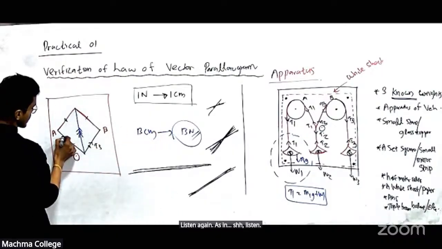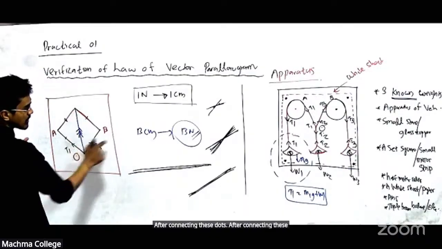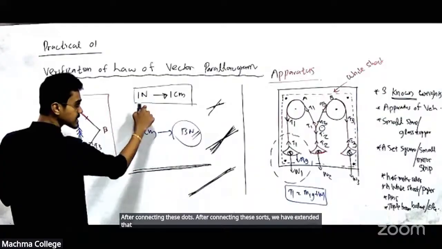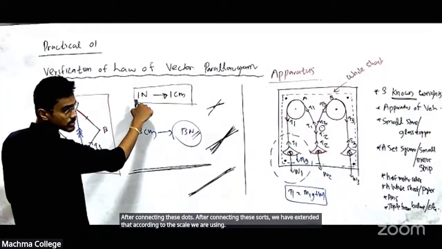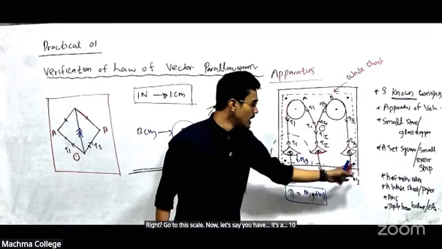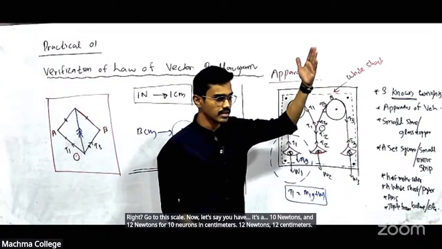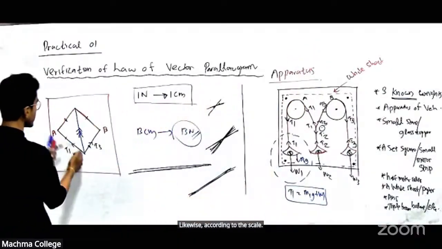After connecting these dots, we have extended that according to the scale we are using, right? According to the scale. Now, let's say your weights are 10 newtons and 12 newtons. For 10 newtons, 10 centimeters. 12 newtons, 12 centimeters. So, likewise, according to the scale, extend these lines.